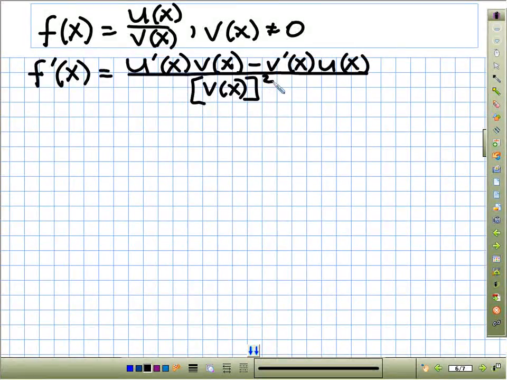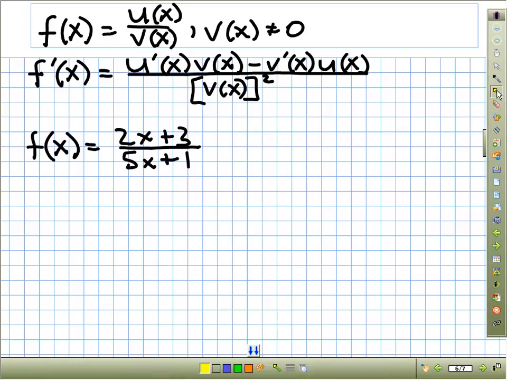Now, let's see how we would apply that. Let's suppose that we have a function. Let's say 2x plus 3 over 5x plus 1. So there's our function. Now, notice that 2x plus 3 would be like u of x, and then 5x plus 1 would be like v of x.